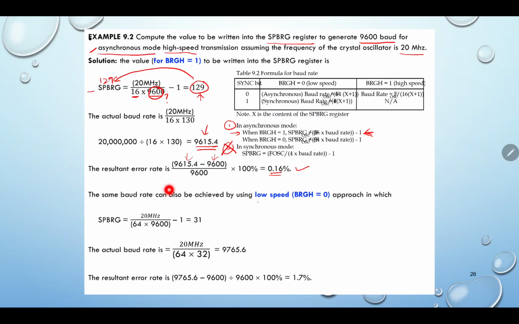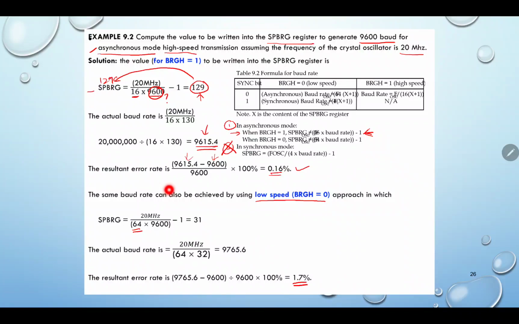Of course, you can also calculate the baud rate using low speed. Low speed means using 64. Again, the same way of calculation. You see that if you use the low speed, the error rate is higher.